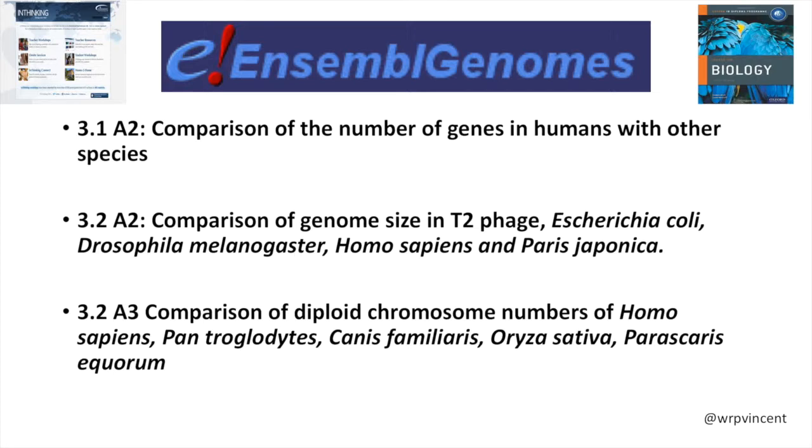In this short screencast, I'm going to demonstrate how you can use the Ensembl Genomes online database to address the following 3 assessment statements from the syllabus, notably Application 2 in topic 3.1, which is comparing the number of genes in humans with other species, and then the second application in topic 3.2, which is comparison of the genome size in the T2 phage, Escherichia coli, Drosophila melanogaster, Homo sapiens, and Paris japonica, and then the third application in 3.2, which is comparison of diploid chromosome numbers in the following species.